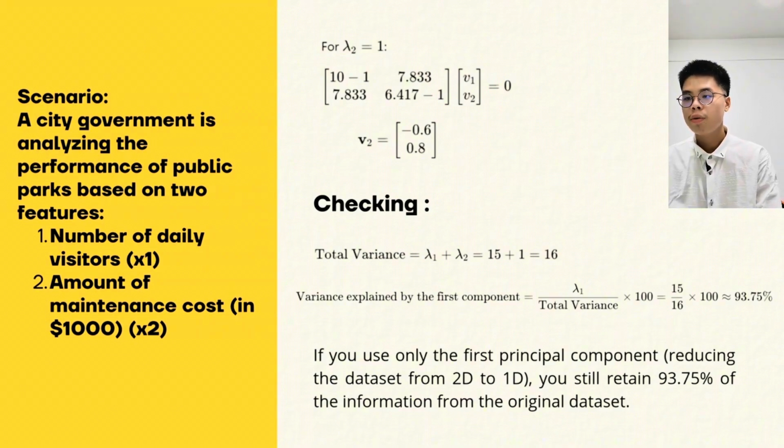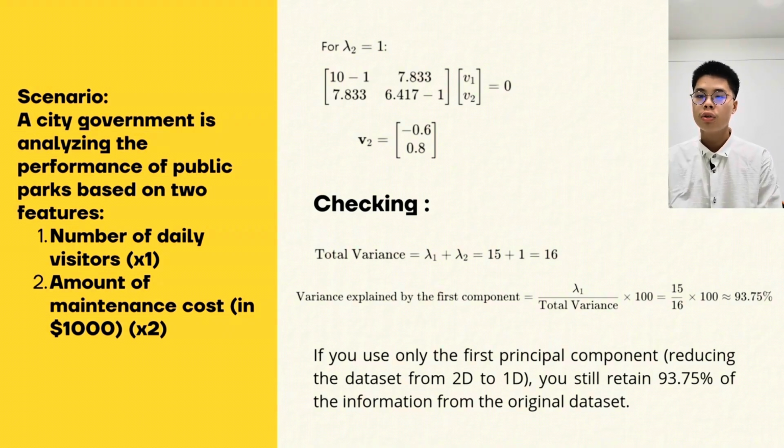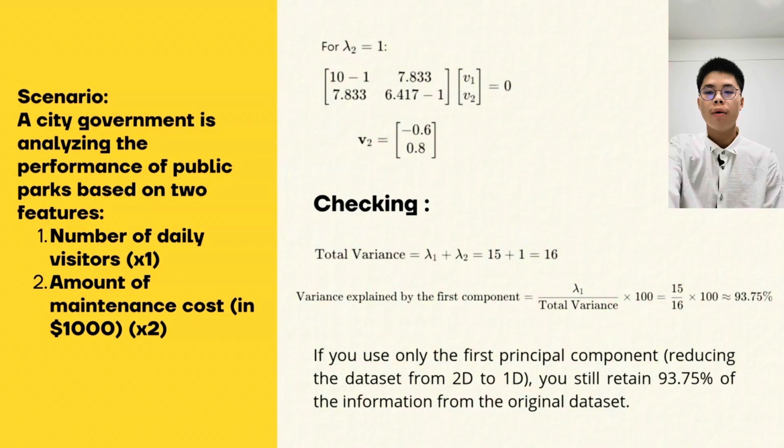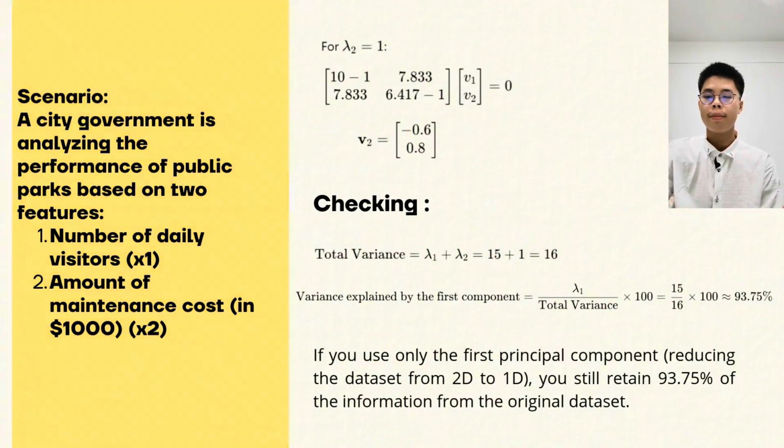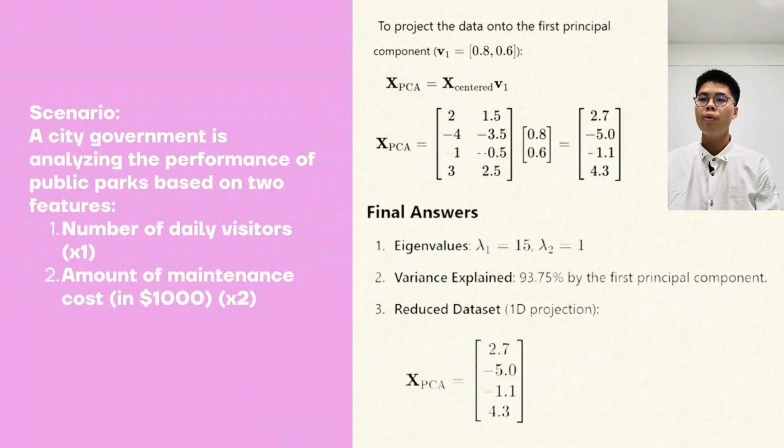From this 93.75%, we know that if we use the first principal component to reduce the data set from two-dimensional to one-dimensional, we still retain 93.75% of the information from the original data set. So we will use the first principal component, that is phi1 equal to 0.8 and 0.6.